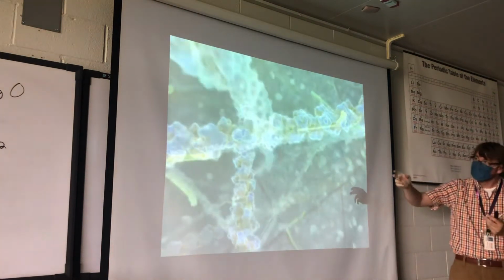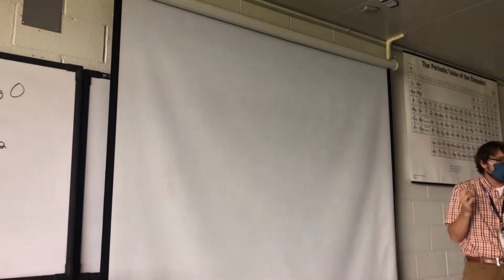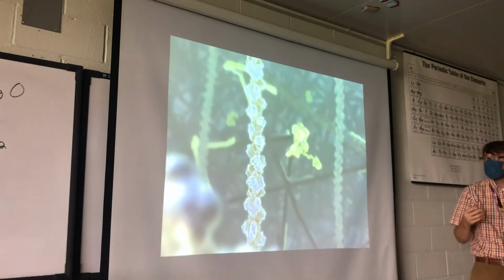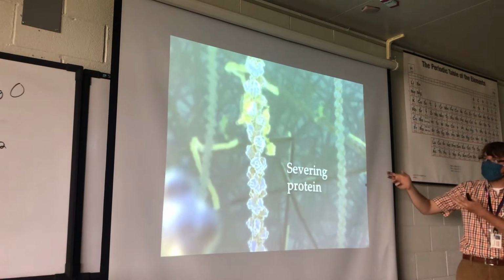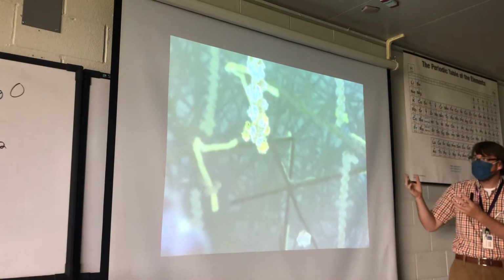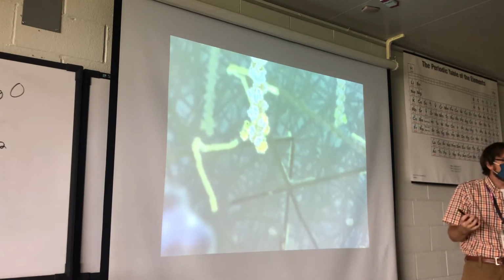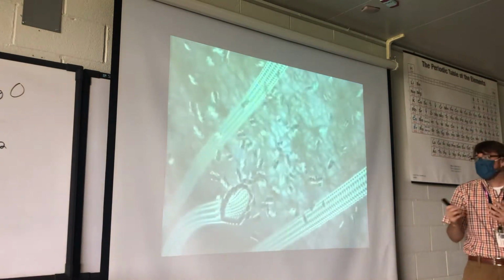So, they're just repeating subunits of proteins that can link themselves together somewhat akin to how if you made a paper chain. There are then proteins, so this is a severing protein. That is an enzyme that is capable of breaking apart the cytoskeleton. So your cytoskeleton can form, it can be remodeled, it can be taken apart, put back together.